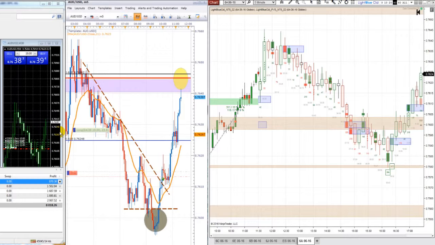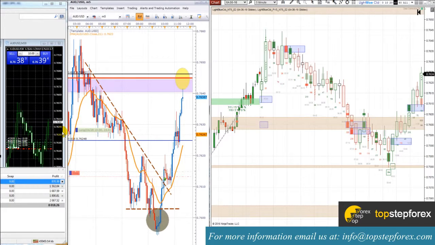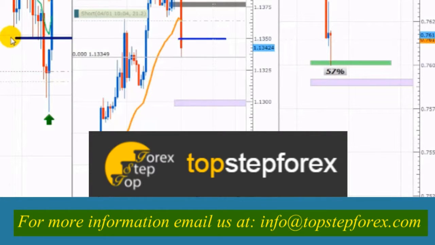And this is how a professional strategy comes into place. It's a combination of quantitative and statistical approach, a psychological analysis, and a very careful observation of the volume or order flow analysis. Always respect the process, keep it simple, and believe in yourself.